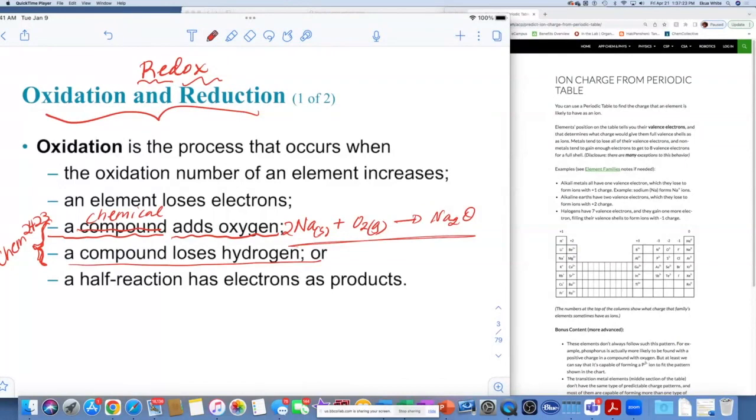You will look at an organic compound gaining oxygen and you will define that as oxidation, and the same organic compound can lose hydrogen and you will define that also as oxidation.